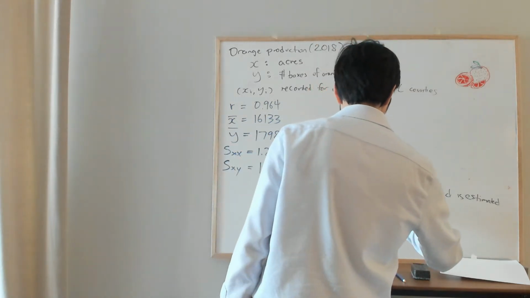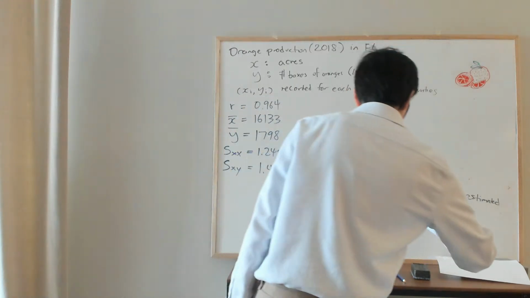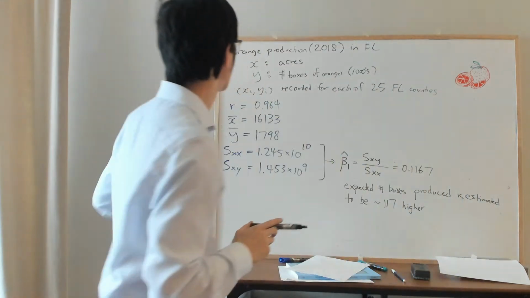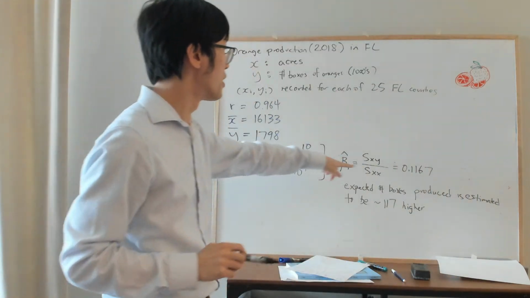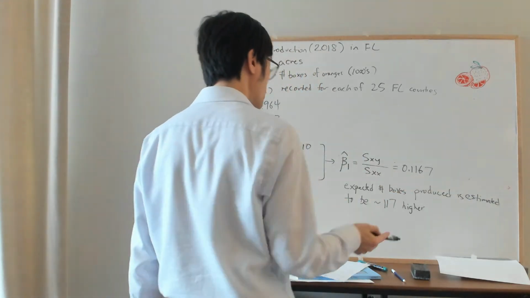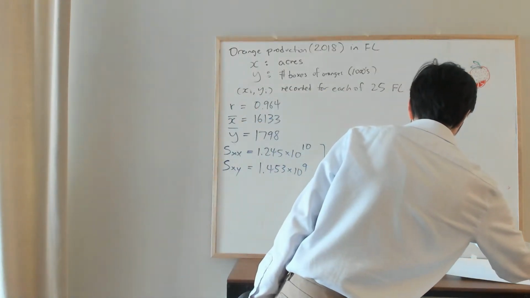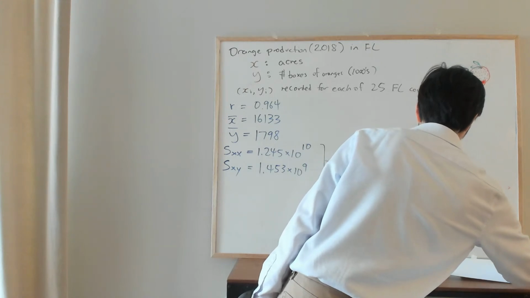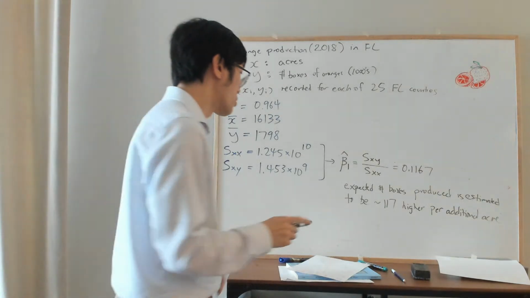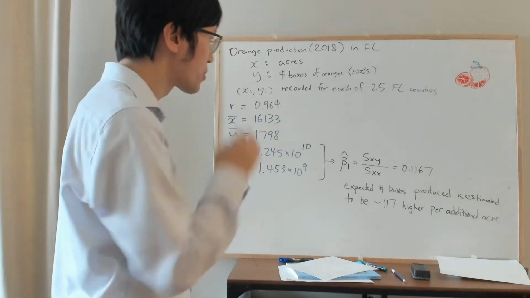So it'll be about 117 boxes higher. Okay, and so what's the unit? Well, it's per acre. So this is the expected change in y for unit change in x. So in this case, the unit change in x is 1 additional acre, per additional acre. And so that's our interpretation of the estimated slope parameter.